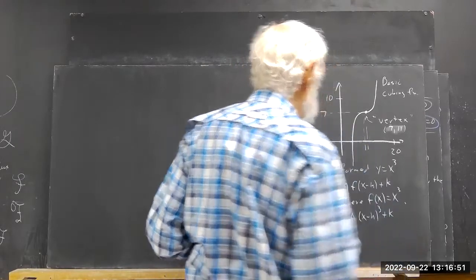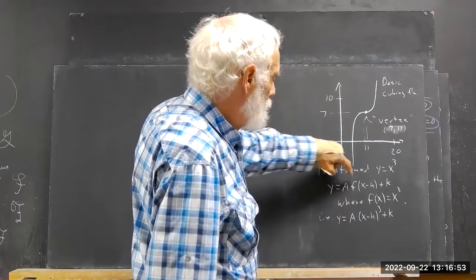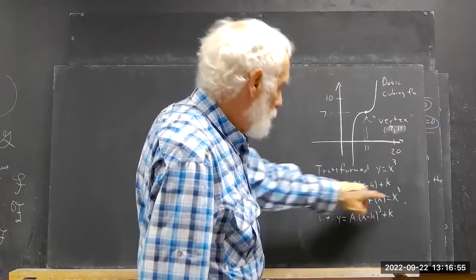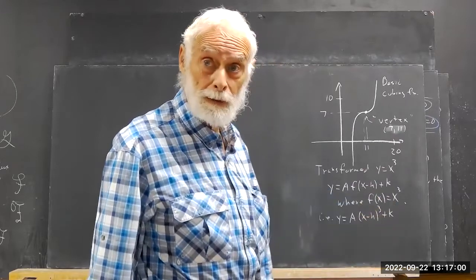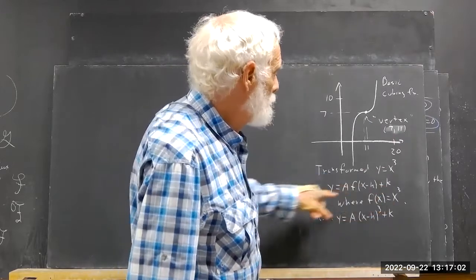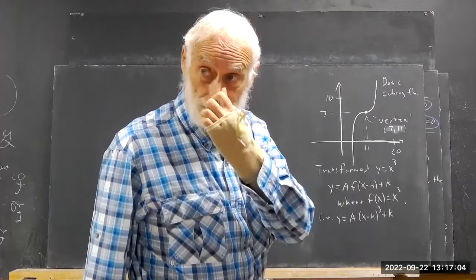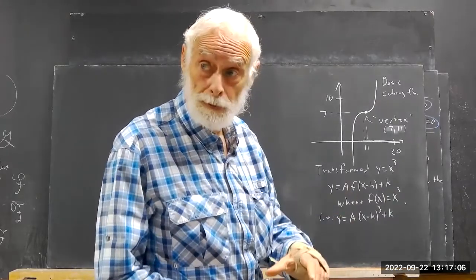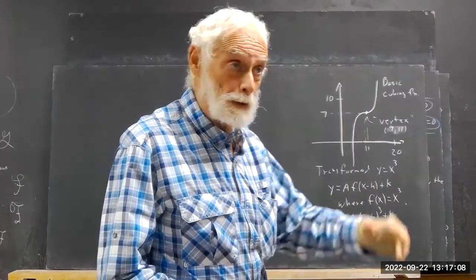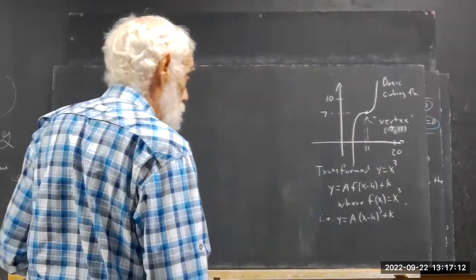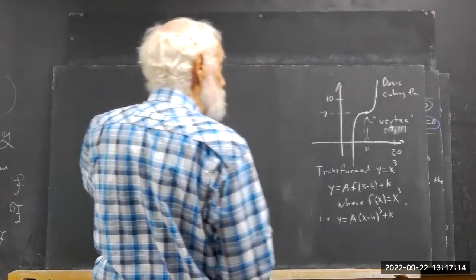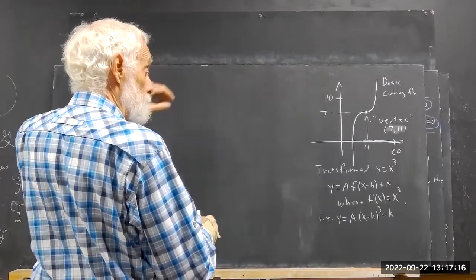And make sure you understand why if you have a f of x minus h plus k and f of x is x cubed, then this becomes a times x minus h cubed plus k, because this is a form for any transform function that has a vertical stretch compression and a horizontal vertical shift, whatever the function is. And it's important to know that.